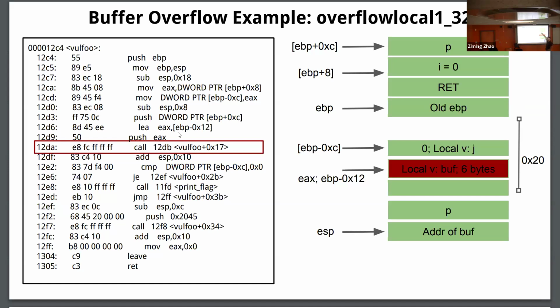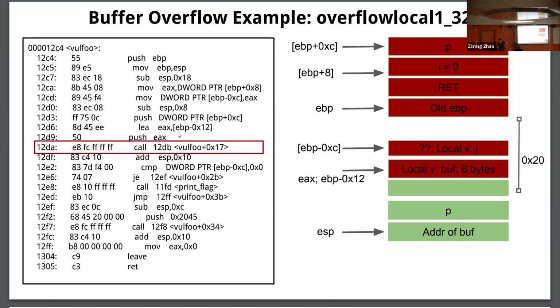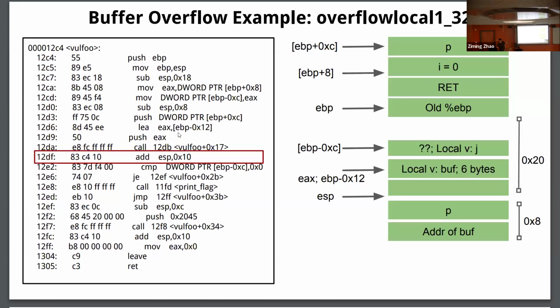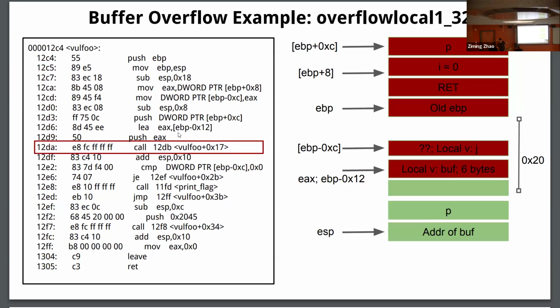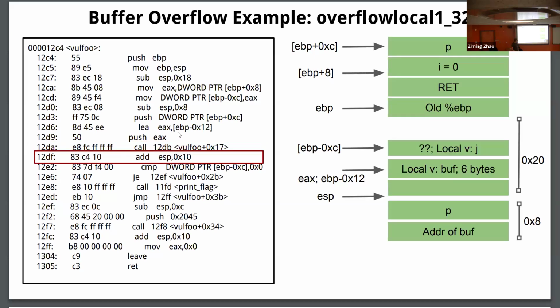If you overwrite more, you're going to overwrite the return address. You can overwrite everything which has a higher address than this. I think we can look at the rest of the instructions a little bit because it will help you understand. Maybe let's do the demo first.